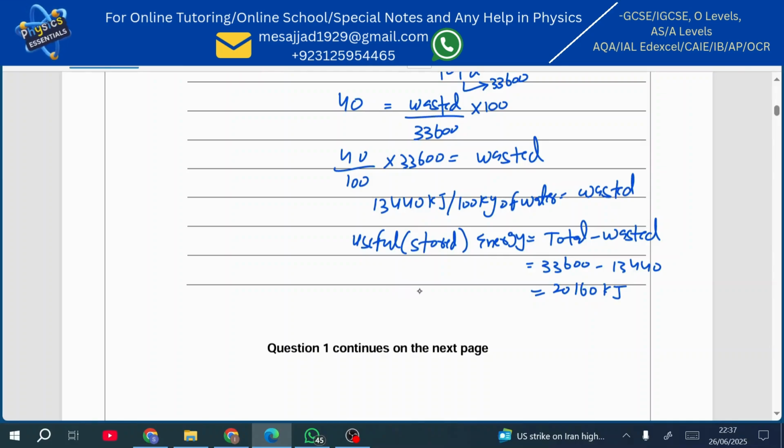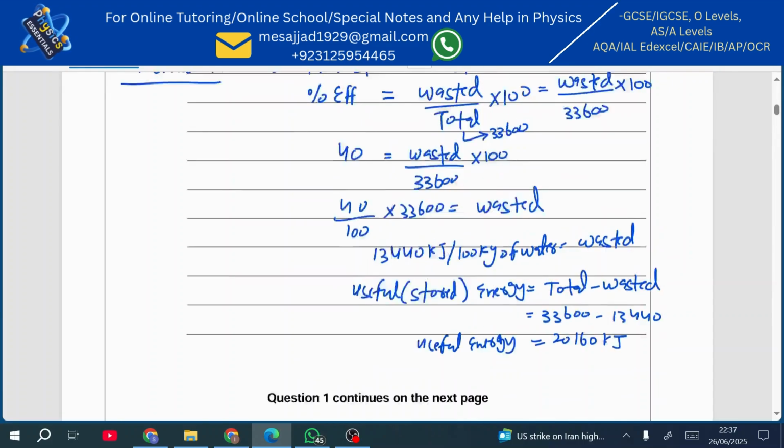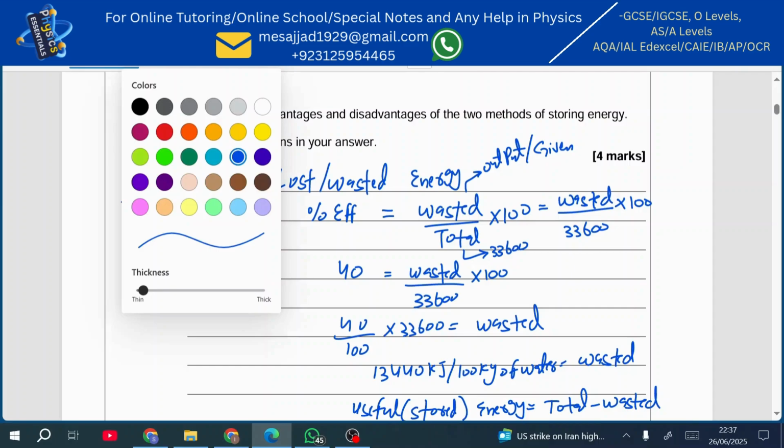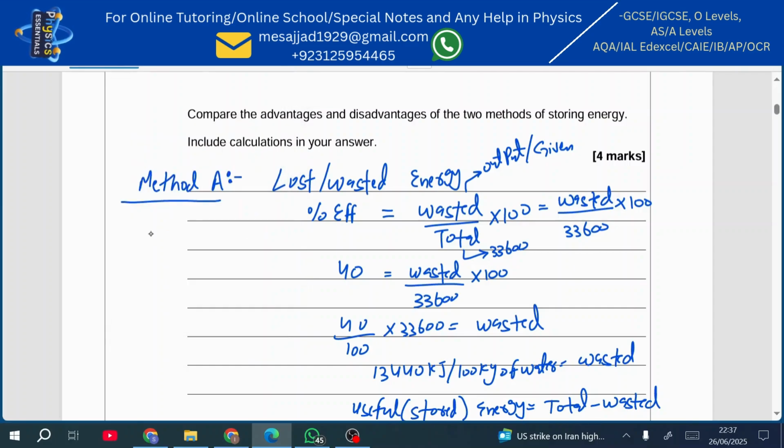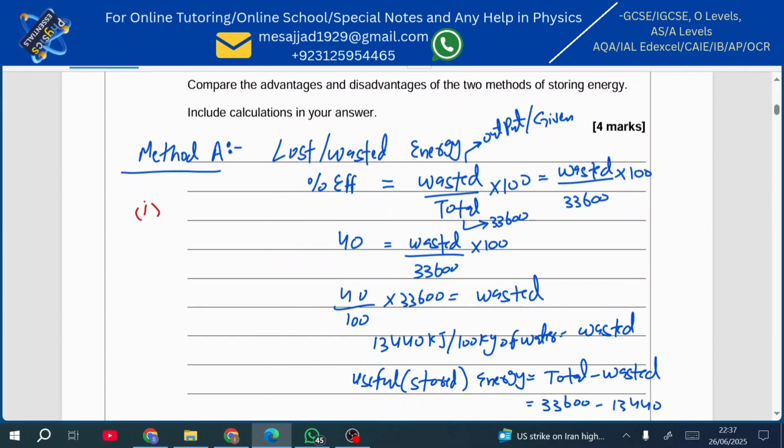So what is the drawback or the advantage of this method A? Let me change the color for the pen. In method A, the problem is we need insulation, otherwise the heat energy will be lost to the surroundings, right? So we can say that insulation is needed.